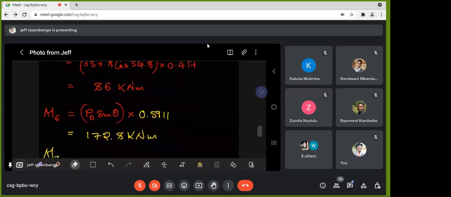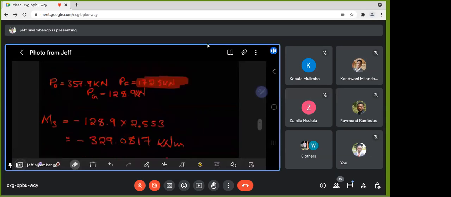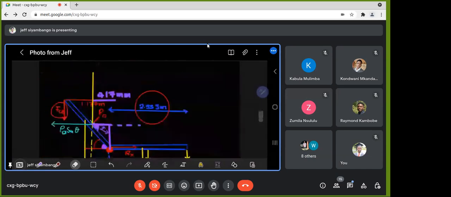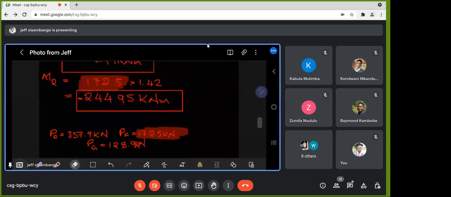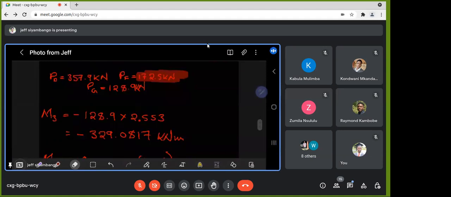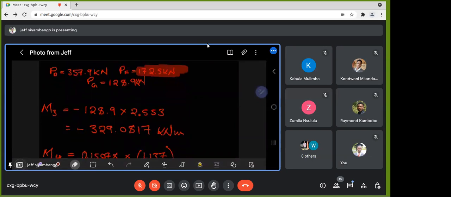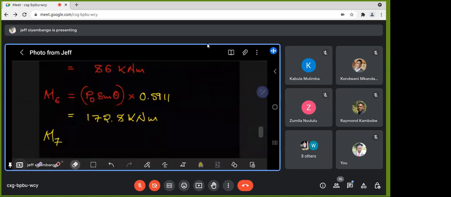Okay, that's M6. M7 is the final one, FCB there. And that is going vertically downwards. Since that is going vertically downwards, it will also have an anti-clockwise moment. So it will be FCB multiplied by the distance.